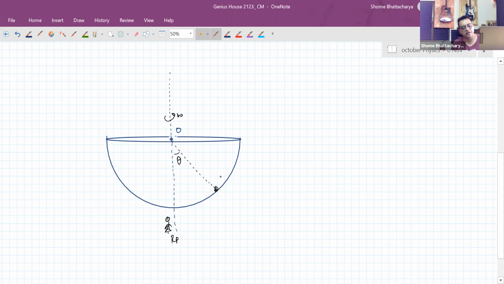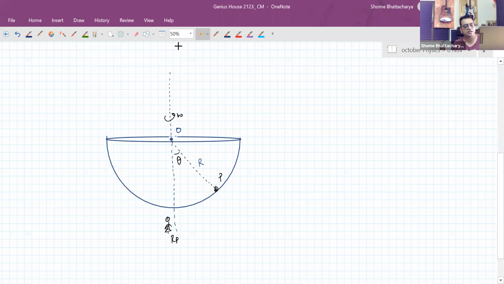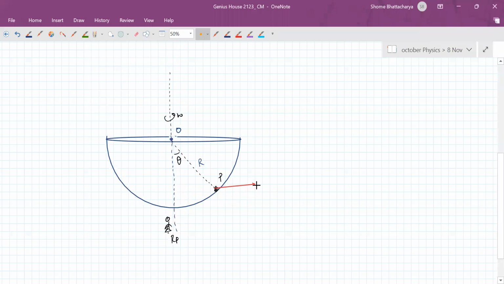Should be along the line OP, or not? See, that is the important thing to understand here. What is the axis of rotation? This vertical axis is the axis of rotation, no? So it will be radially outwards with respect to the axis, along the radius. So this will be the direction of centrifugal force.